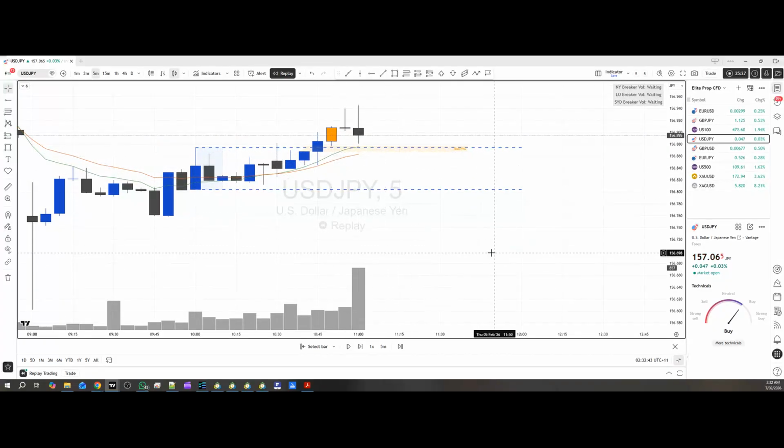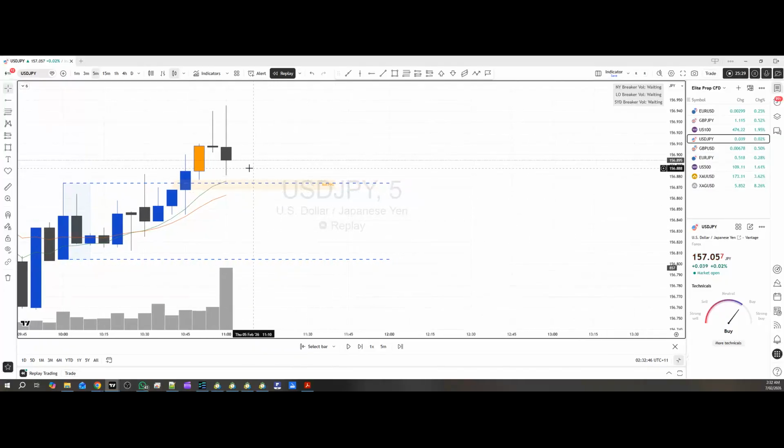Whenever this sort of thing happens, I wait. First rule: price in the next two candles has to be out, not touching the range.